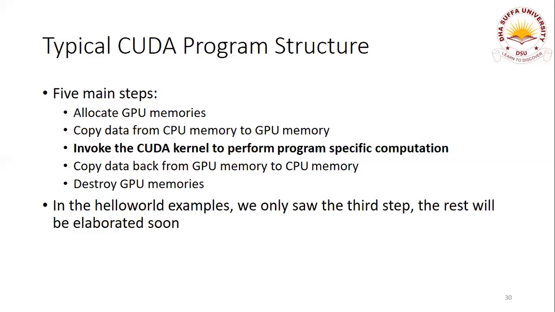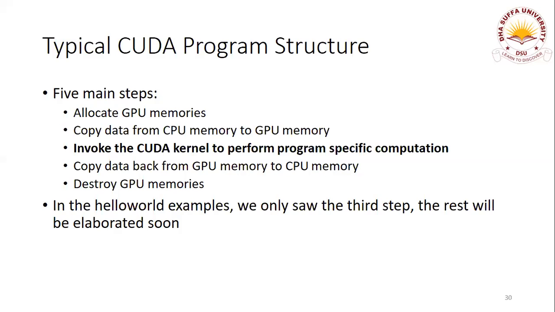You have to allocate GPU memories on the GPU first, then you are going to copy your data from CPU to GPU, and then you are going to invoke the kernel, and then the result is going to be computed on the kernel, and then it is copied back from GPU to CPU, and then we are going to deallocate the GPU memories.